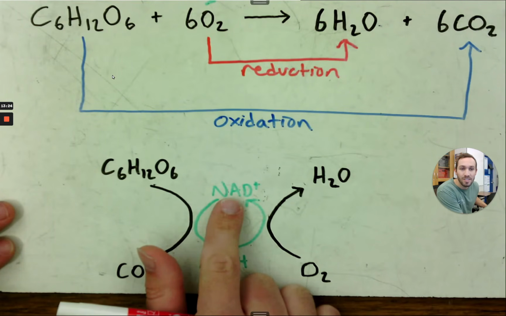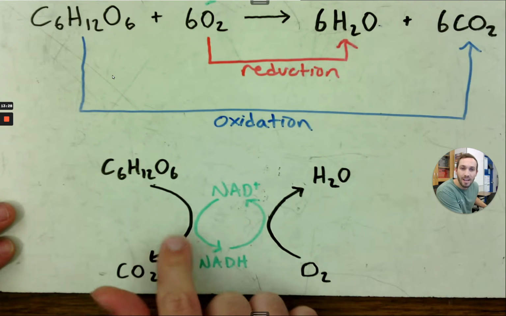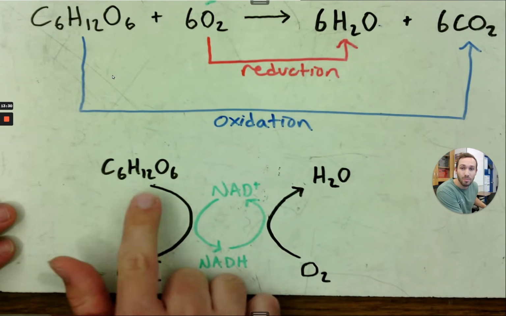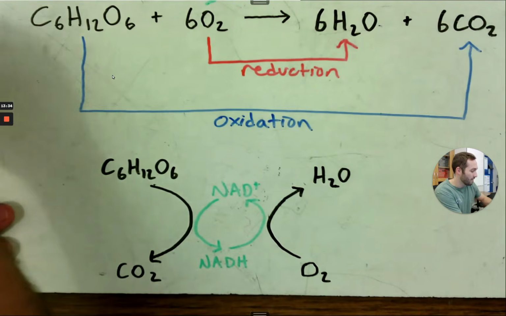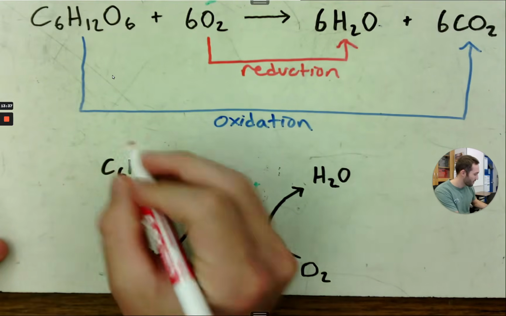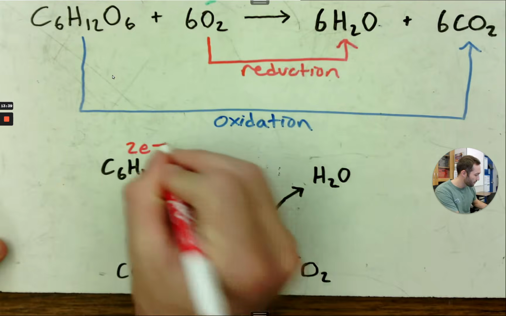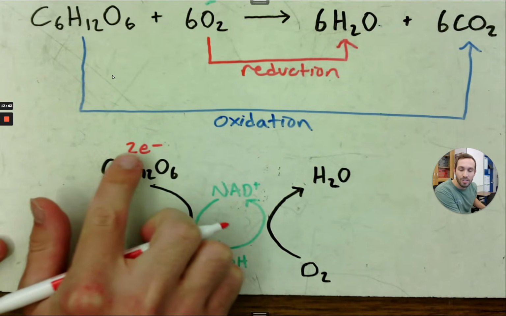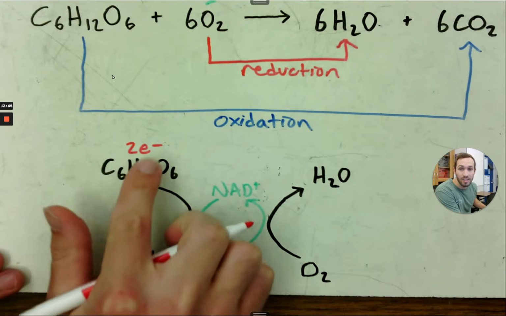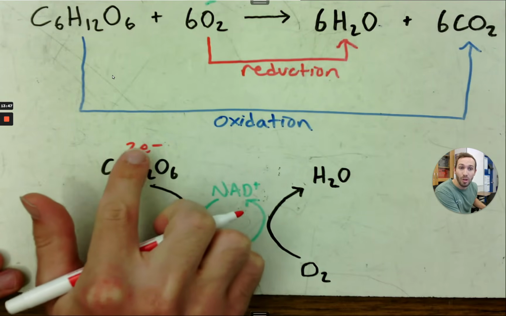What this molecule called NAD+ does is swoop in and take electrons that used to belong to glucose. Glucose has all these different pairs of electrons. There's not just one pair, there's a lot. But let's just say we're tracking one pair of electrons being stolen from glucose.